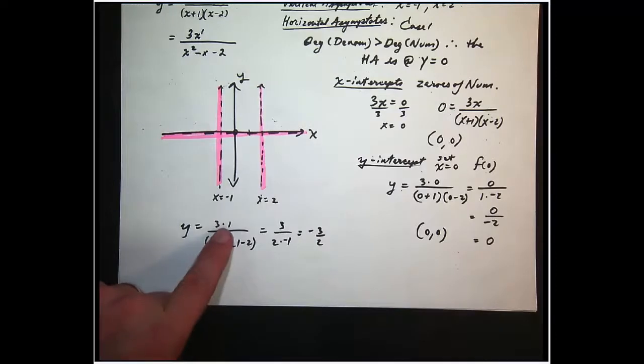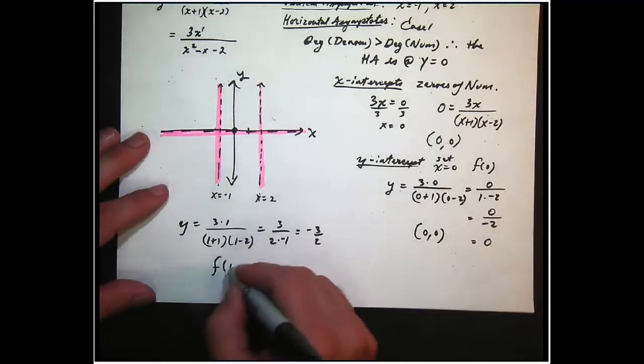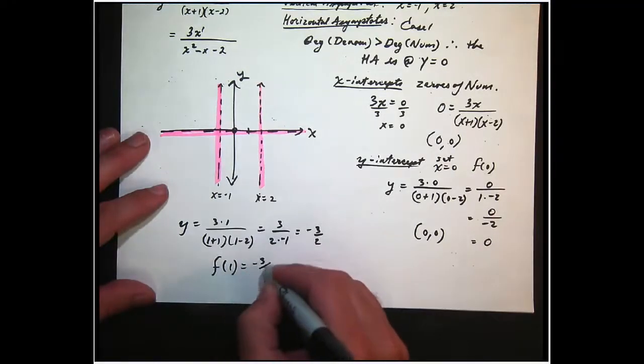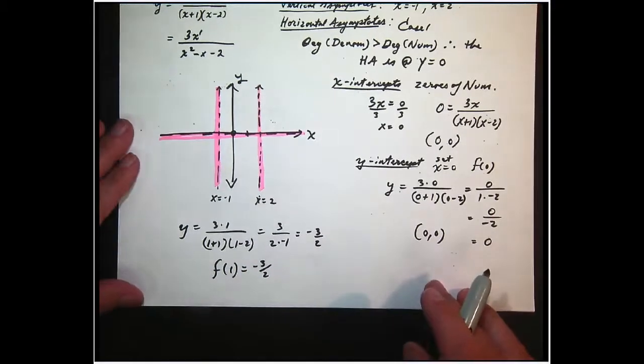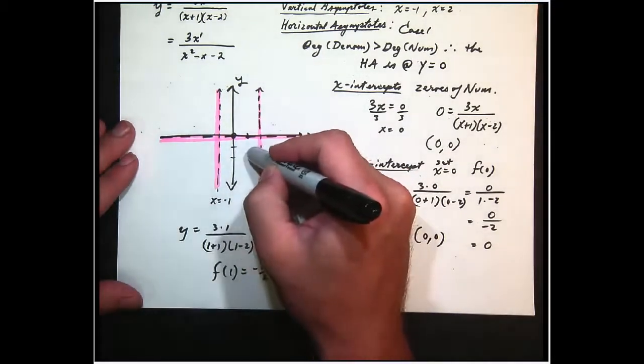So when x is 1, I get y is negative 3 over 2. So f of 1 is negative 3 over 2. Right here, I'm at a height of negative 1.5.